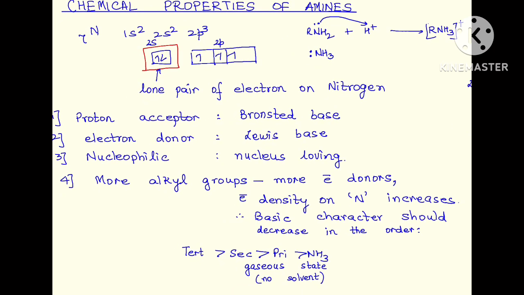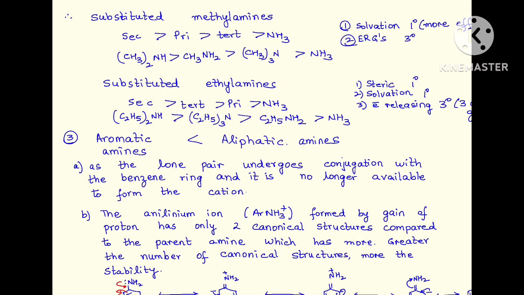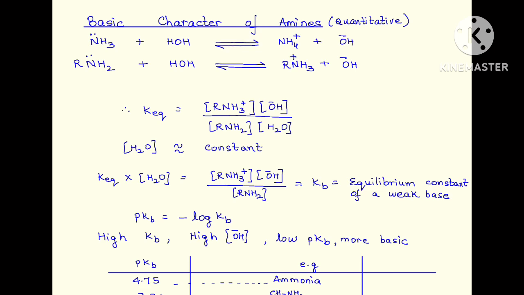Also, they are electron donors because of the lone pair of electrons on the nitrogen, so we call them Lewis bases. What is the quantitative aspect of this concept of the basic character of amines is what we are going to discuss today.